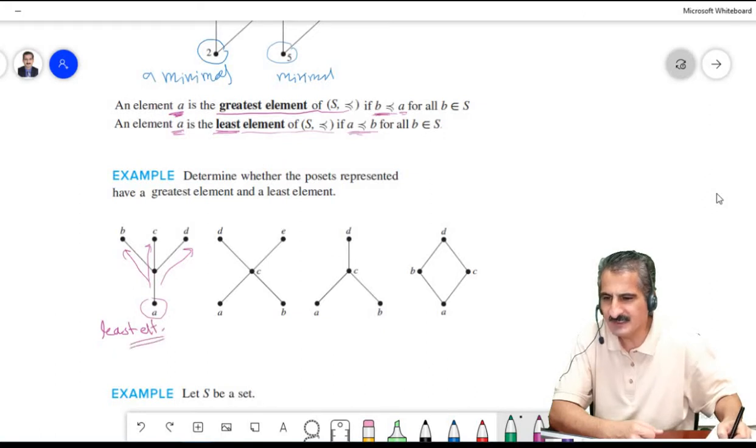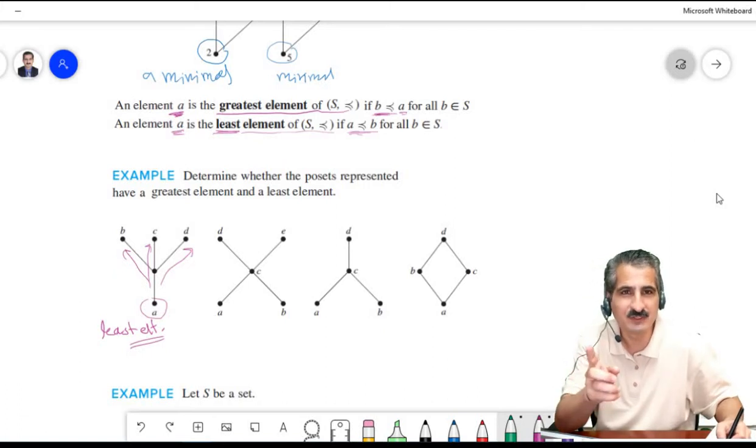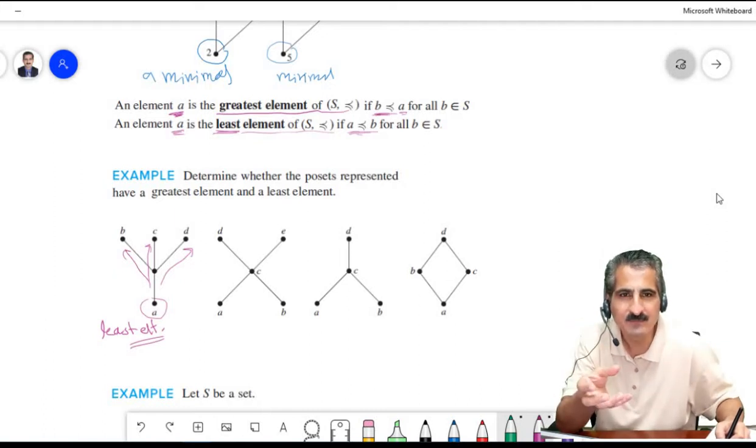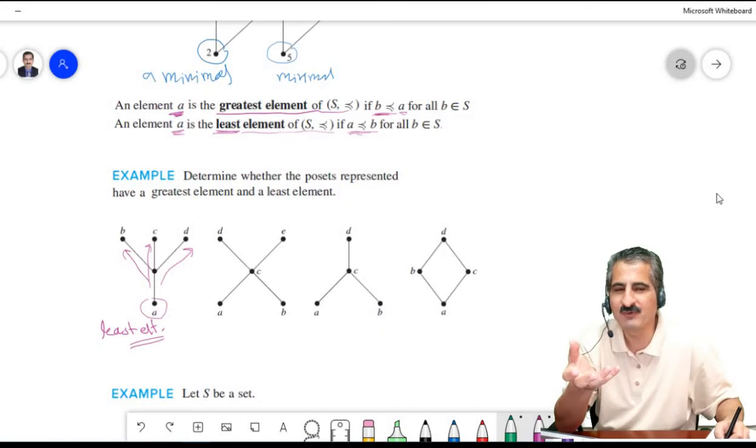Now, the least elements may exist and may not exist. And whenever they exist, they are unique. There is only one least element, and there is only one greatest element. But when we talked about maximal and minimal elements, we might have more than one maximal element and more than one minimal element, as we have seen in the examples above.